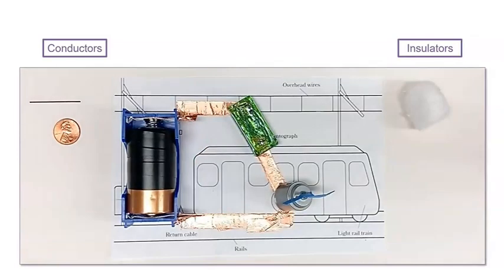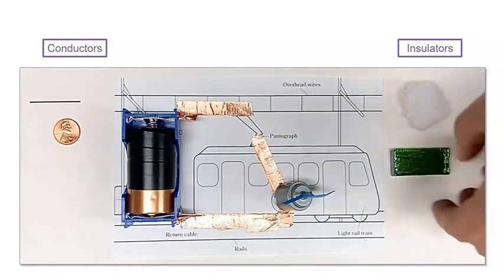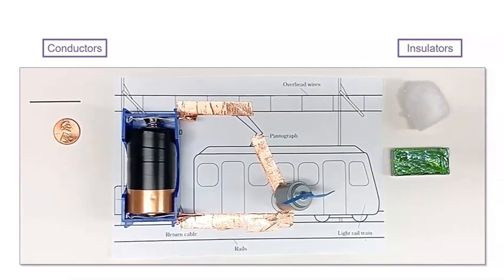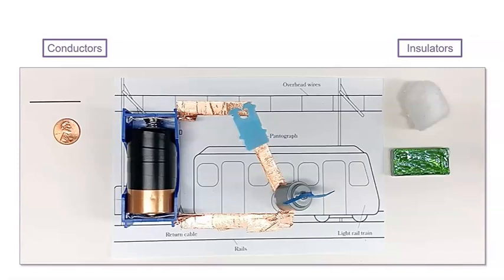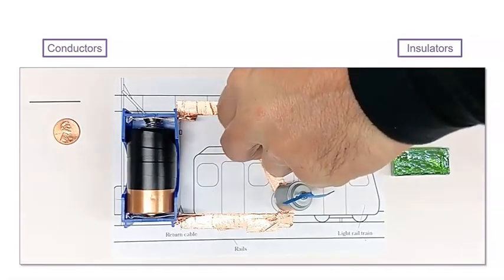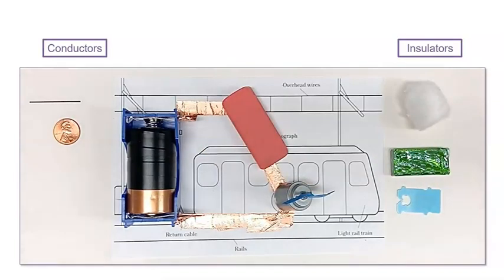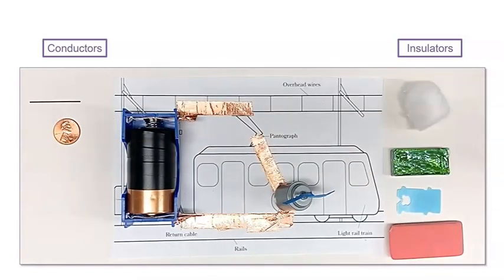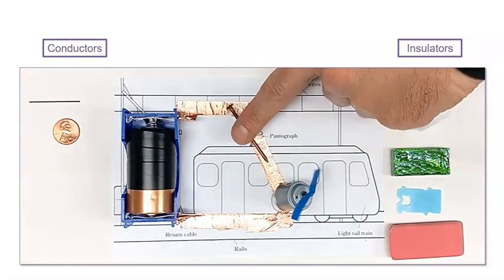Now we have a towel that's made of glass. Next up, the plastic bag closure. Now we're testing the rubber eraser. Our last material is the steel nail.